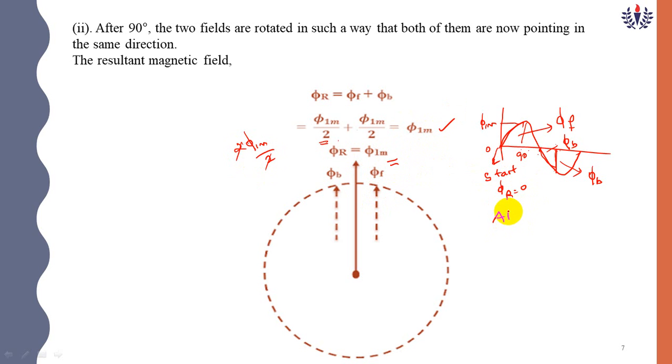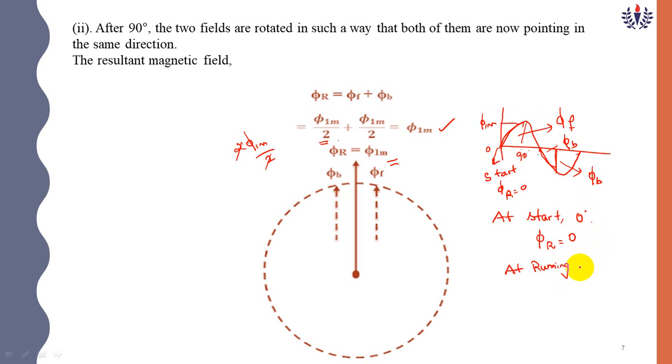Okay, please take down: at the starting stage, at the 0 position, at 0 degree, phi r equals 0. At running, because now you are giving the voltage, slowly the current value will be increasing.